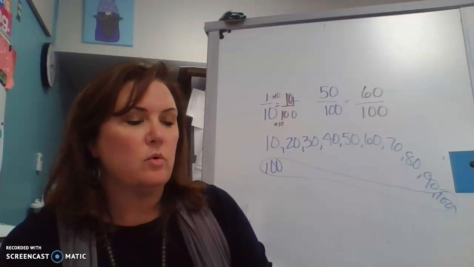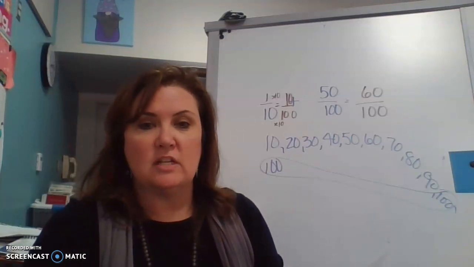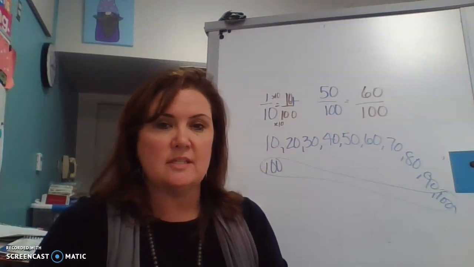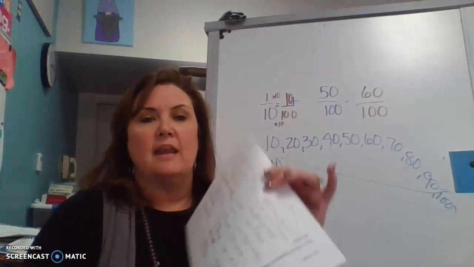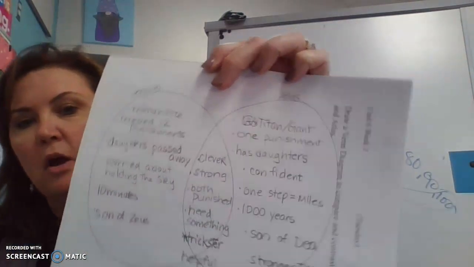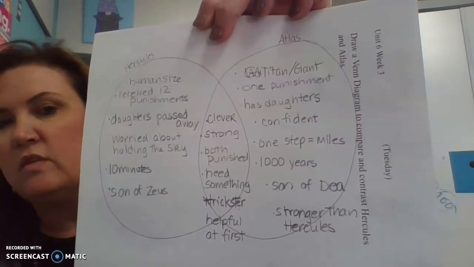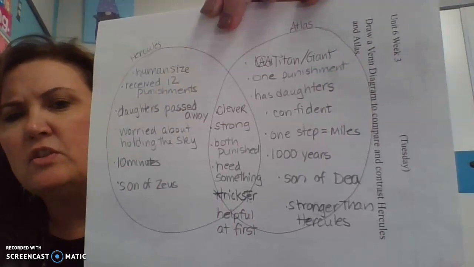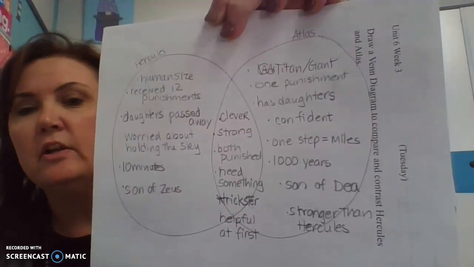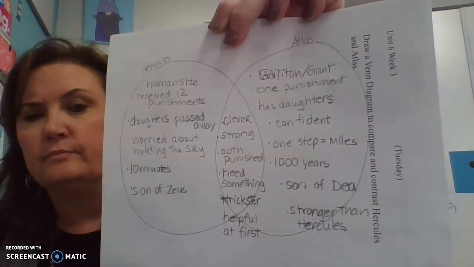So today we worked on adding to our Venn diagram and listening to the story one more time, because it is an extended read, so it's a longer story. So we added to our Venn diagram, and I'm going to hold that up. If you're at home, you might want to pause this video and take a look at what we've written.